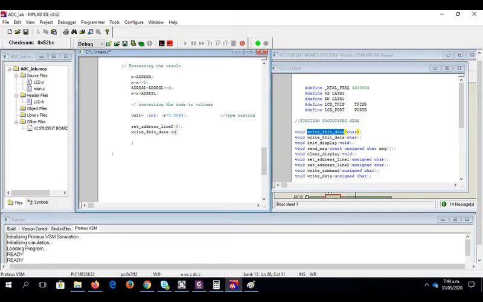Okay, so this volt I cannot use because that is not okay. That will be probably working because this will send the result.